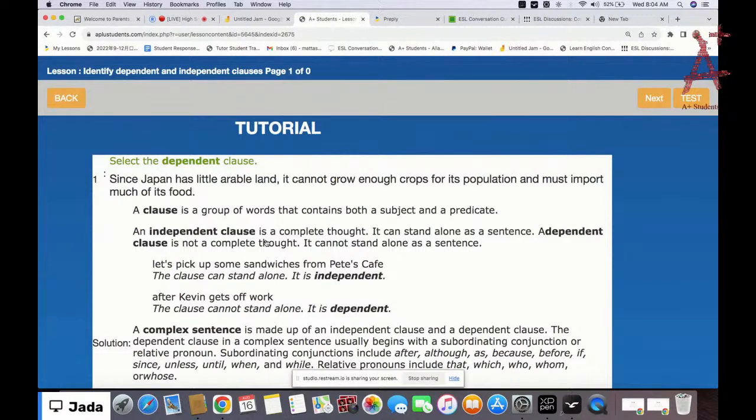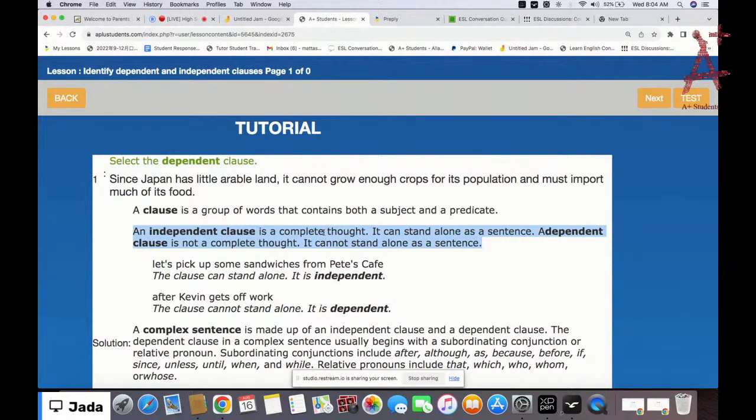But a dependent clause is not a complete thought. It cannot stand alone as a sentence. The independent clause stands alone as a sentence. The dependent clause does not stand alone because it is not a complete thought.